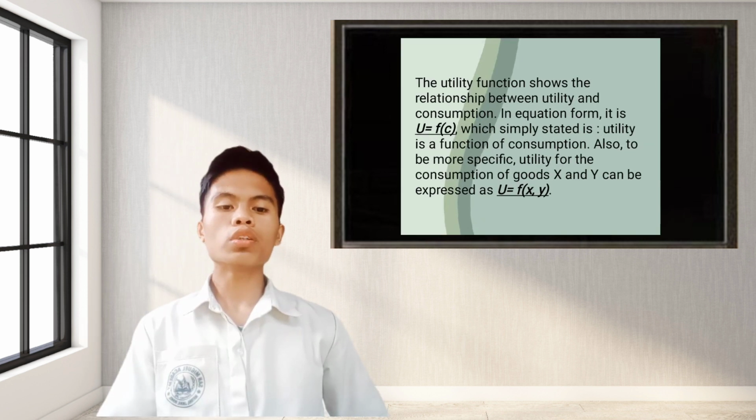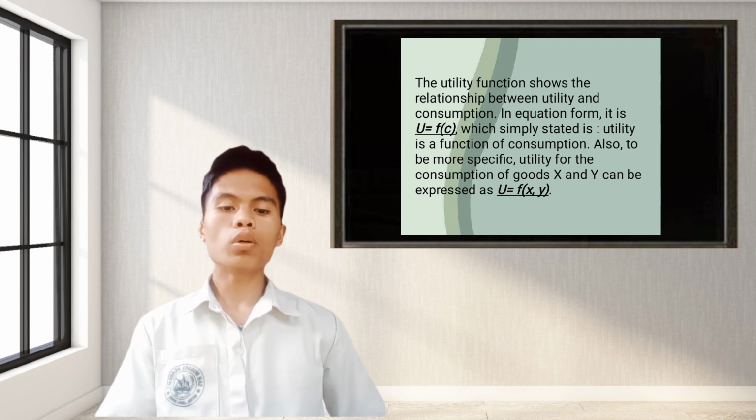The utility function shows the relationship between utility and consumption. In equation form, it is U equals F of C, which simply stated is utility is a function of consumption.